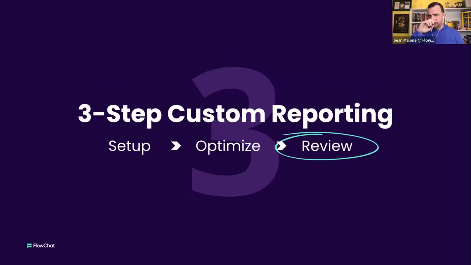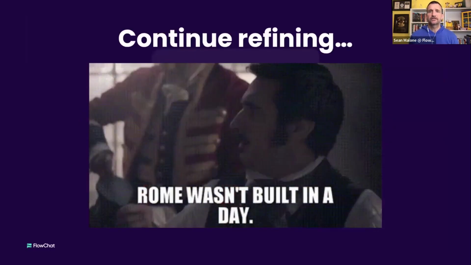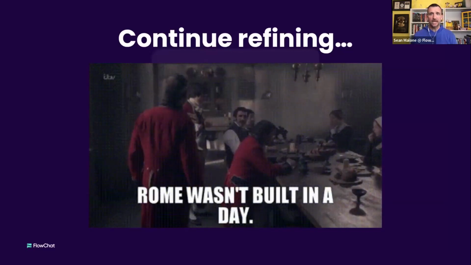And then lastly, we have the review part of the process. So in review, check this out. Rome wasn't built in a day. So if you don't have this stuff set up, don't worry, it's okay. Just know that there is this next step of how you optimize the whole system.